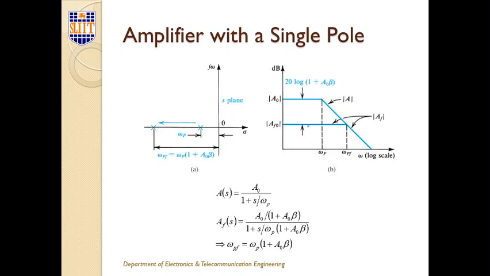So the gain is now less, and in the meantime the bandwidth, or the pole location, has gone up by a factor of 1 plus A beta. So that is the feature of negative feedback in amplifiers. The moment that you use negative feedback, the gain reduces, and in the meantime the cutoff frequency or the bandwidth increases by a factor of 1 plus A beta.